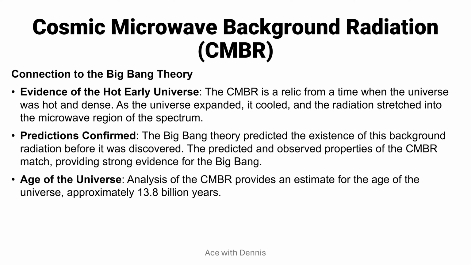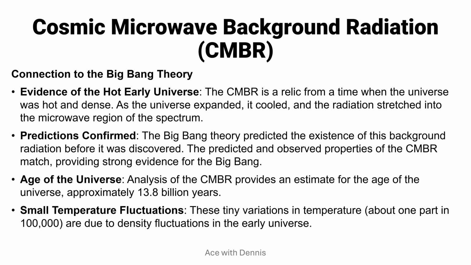Analysis of the CMBR provides an estimate for the age of the universe, which is approximately 13.8 billion years. Small temperature fluctuations: these tiny variations in temperature, which are about 1 part in 10,000, are due to the density fluctuations in the early universe.